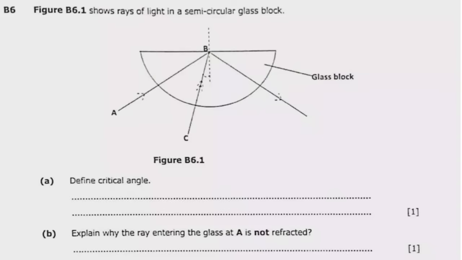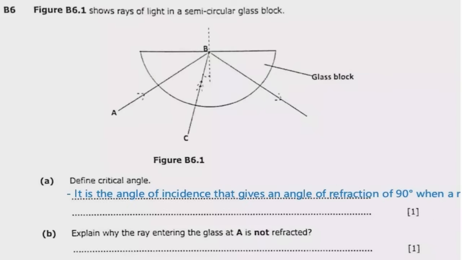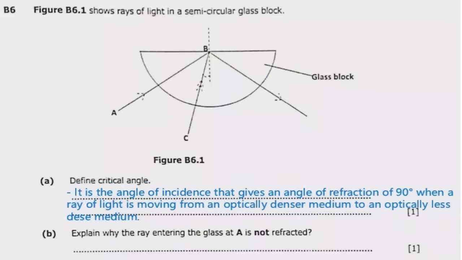What is critical angle? We can define critical angle as the angle of incidence that gives an angle of refraction of 90 degrees when a ray of light is moving from an optically denser medium to an optically less dense medium.